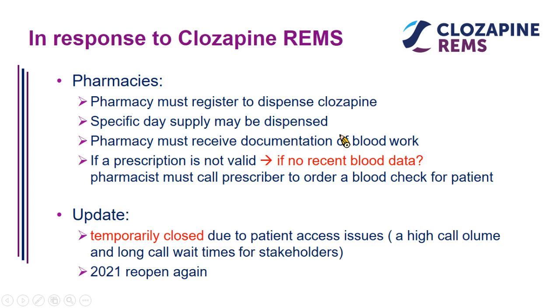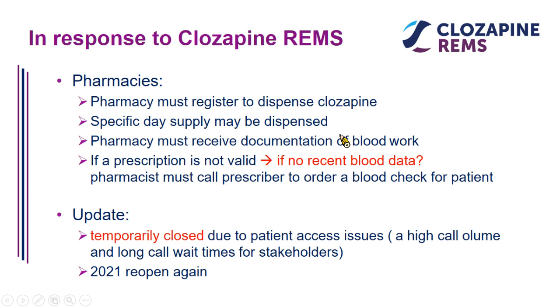And if a prescription is not valid, which means that although the prescriber did order the drug, the prescription is not going through and is stuck in the system, the pharmacist has to check immediately whether the blood check window is limited again and there is no recent blood data. In that case, pharmacists have to call the prescriber to order a blood check for the patient, whether this patient is in the inpatient setting or the outpatient setting.